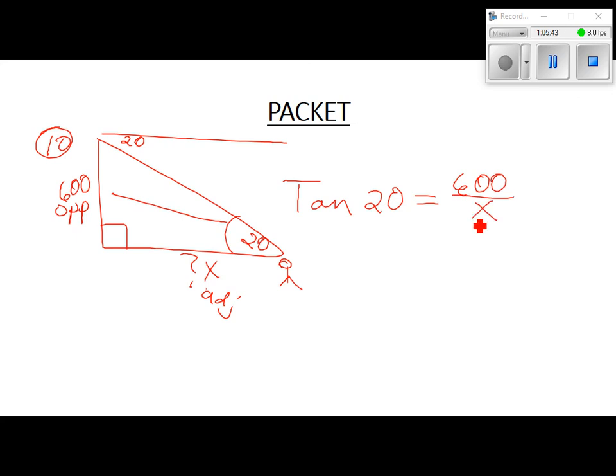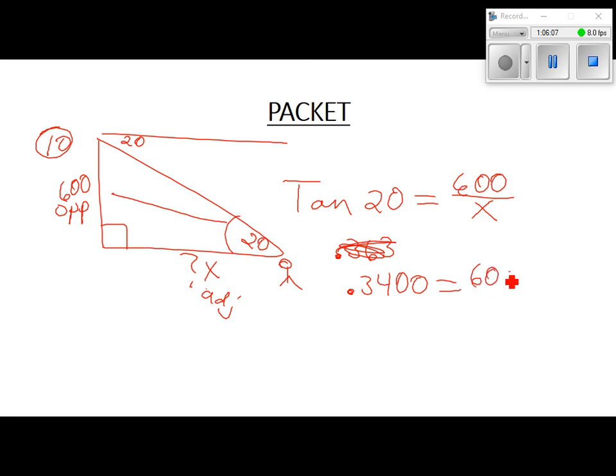So we do the tangent of our angle, which is 20, equals 600 over x. Somebody help me out. What's the tangent of 20? 0.3639. It would be 0.340. Like that.